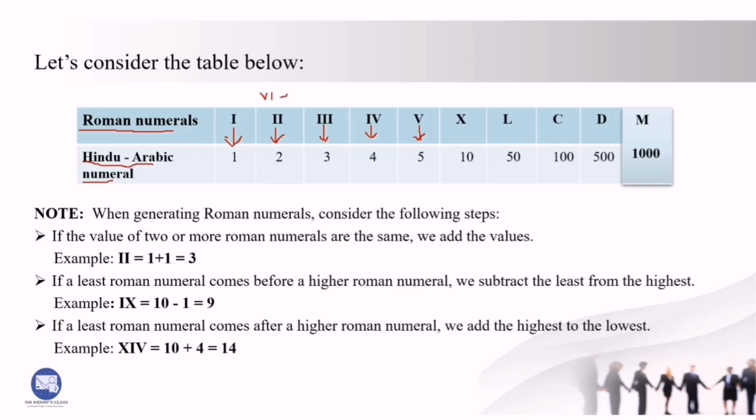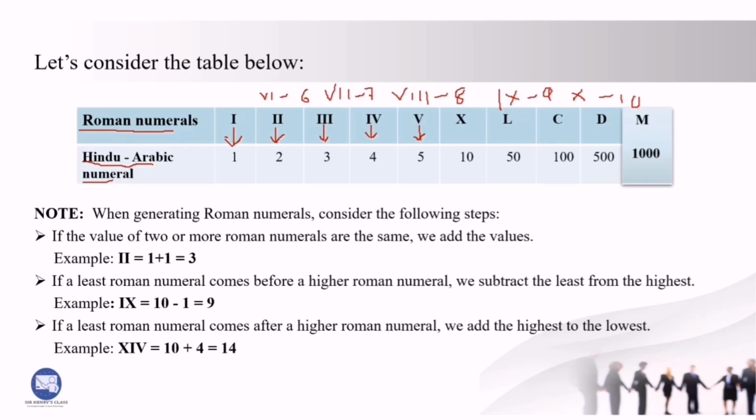VI for 6, then VII for 7, VIII for 8, then IX for 9, and X for 10, which is already in the table. So these are the basic Roman numerals.